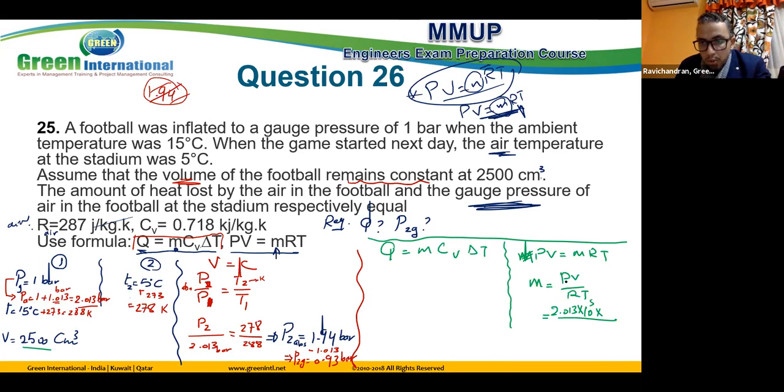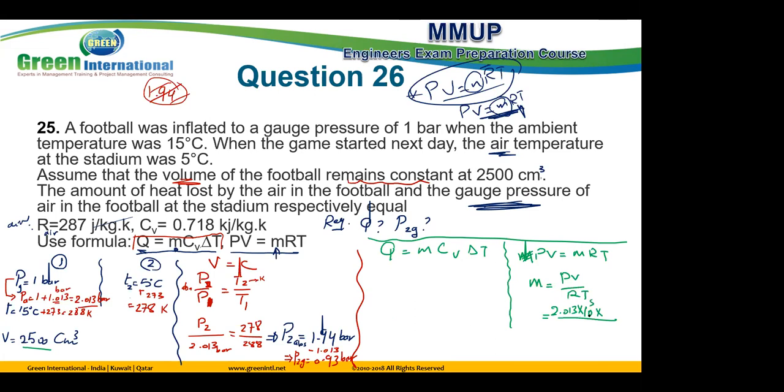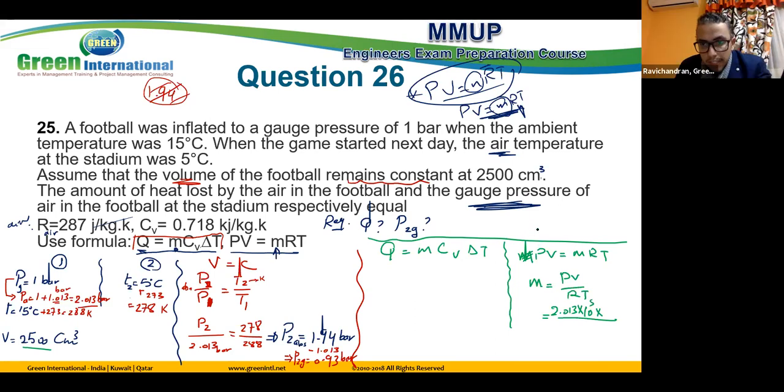So P in Pascal is 2.013 bar multiplied by 10 to the power 5. In the equation PV equals mRT, P is always in Pascal, volume in cubic meters, R in joule per kilogram Kelvin, and T in Kelvin.